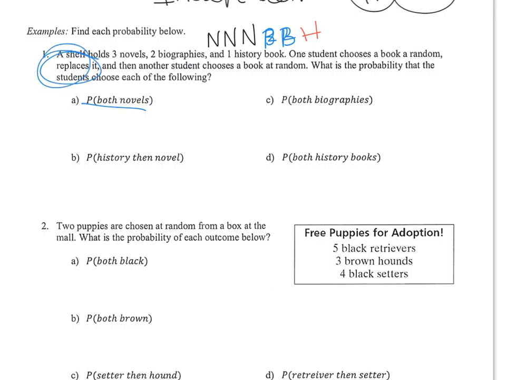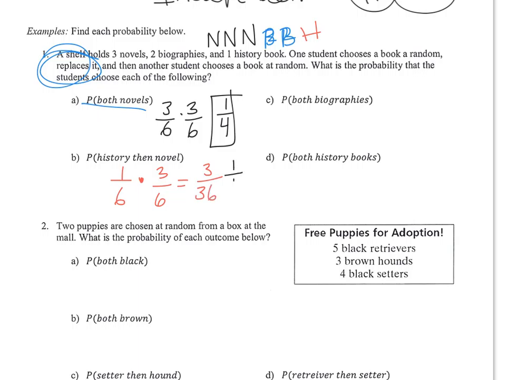So this is when the fractions don't go down. So both novels would be, probability of novel is 3/6 times 3/6, or 1/2 times 1/2 is 1/4 when you reduce it. Probability of a history is 1/6, then a novel is 3/6. So it's 3 out of 36, which reduces to 1/12.